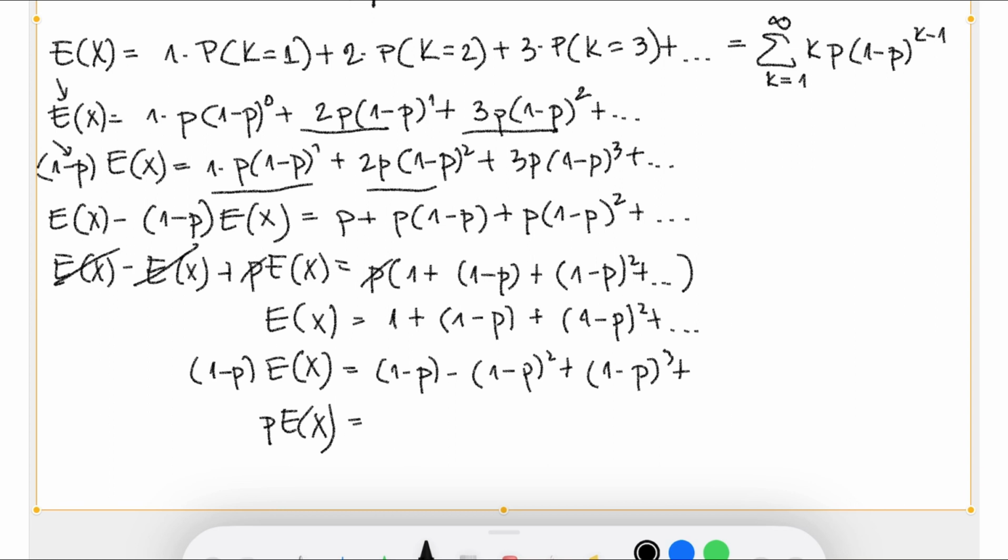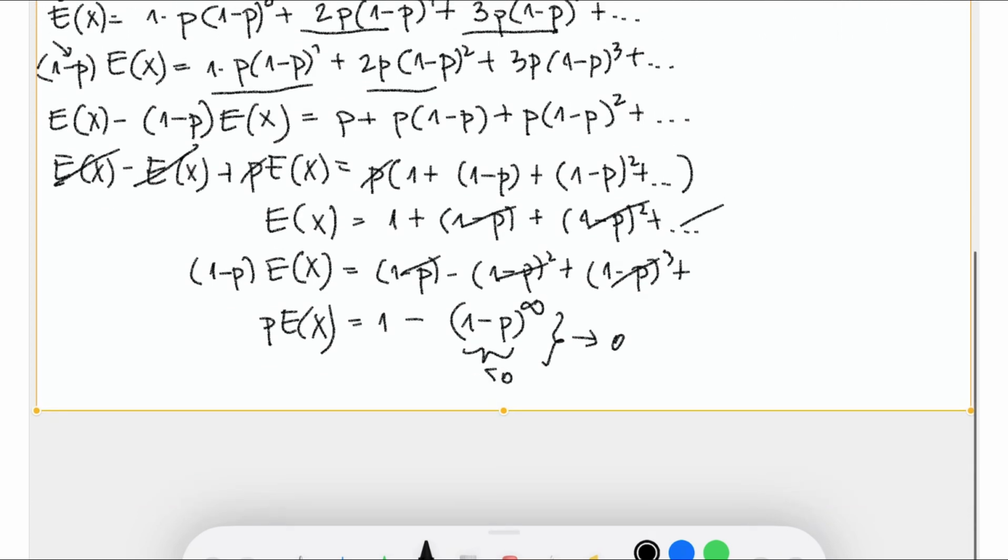And on the right we will be left with 1, and then these two will cancel out, and these two, and so on. And we will be left, in theory, with the last term, which will be (1 minus p) to the infinity. But because 1 minus p is smaller than 1, anything smaller than 1 raised to the infinity will go to 0, so we can just neglect it.